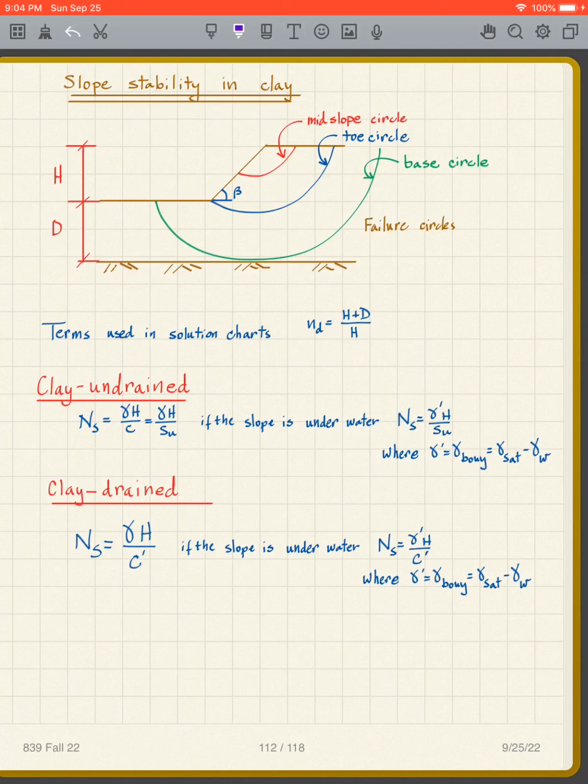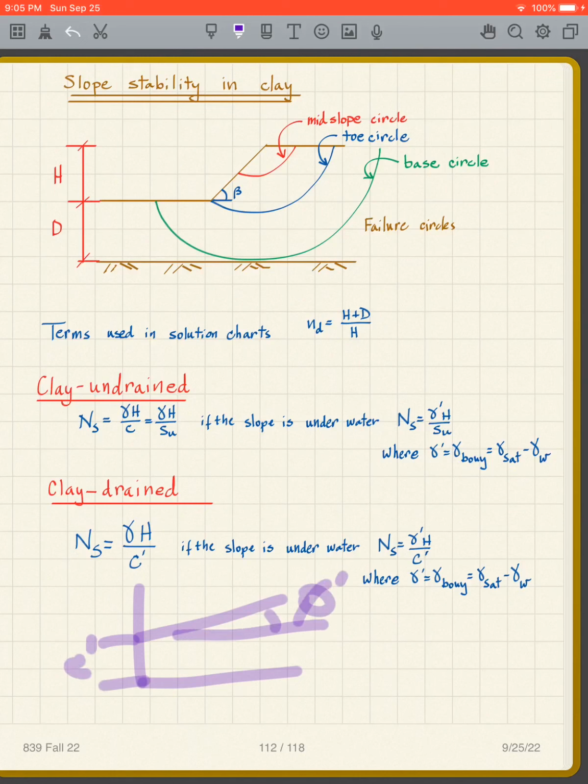Then our NS is going to be gamma H over C prime. Remember, we have our failure envelope where this is C prime and this is phi prime. You have to know this. This is sigma prime and this is tau.